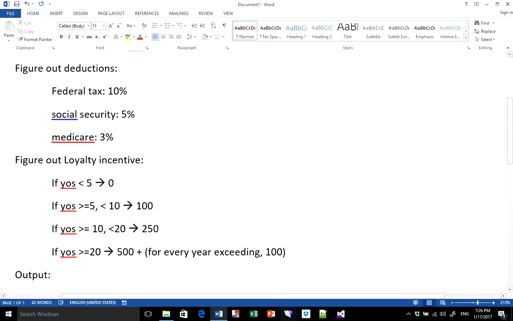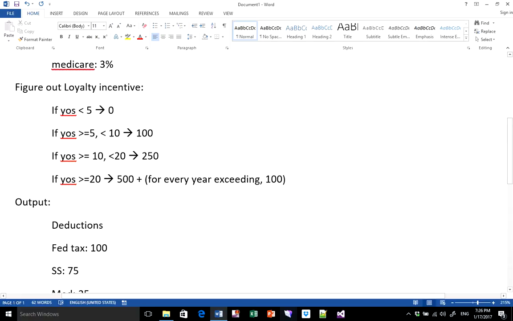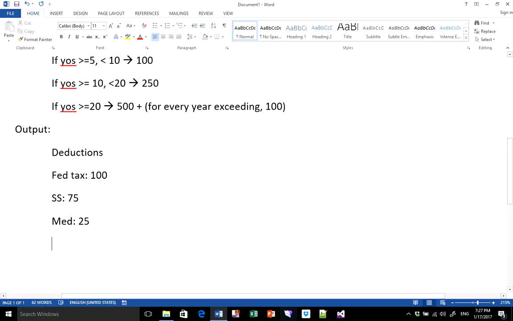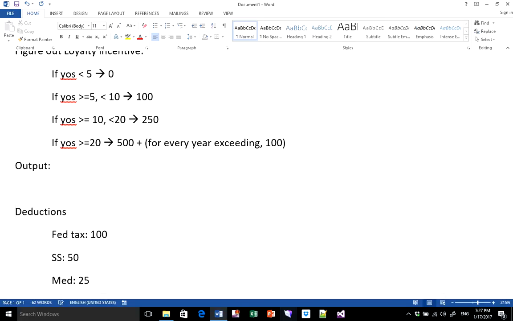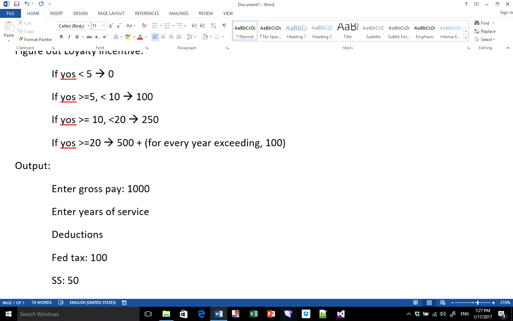Let's base it off of 1,000. So 1,000, 5% is 50. Output: enter gross pay. Again, these are input. I know they're not output, but output on our display. Enter years of service. Let me just save this real quick.